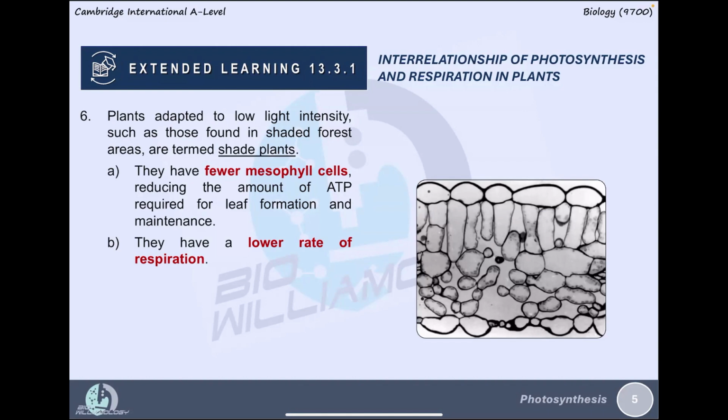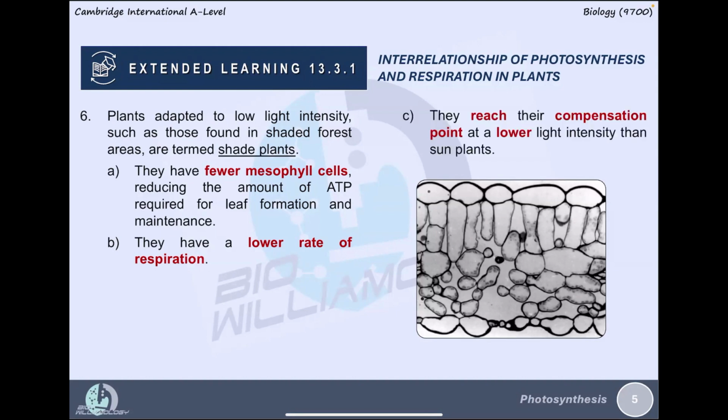You can see in this diagram that the number of mesophyll cell layers is much lower or fewer compared to the sun plant. And because they have a smaller number of layers, they have a lower rate of respiration.